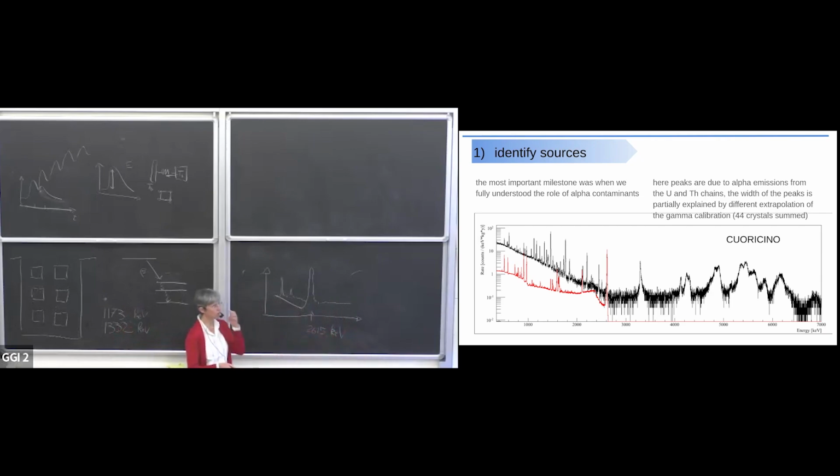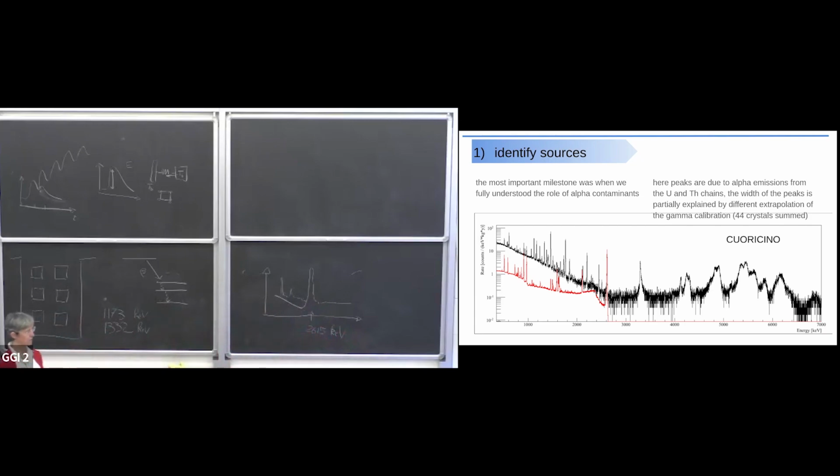in this region I have to extrapolate the calibration, because the gamma calibration stops here, and this is my gamma calibration. So I don't have lines here, and so I have to extrapolate. And whenever you extrapolate, the uncertainties increase.